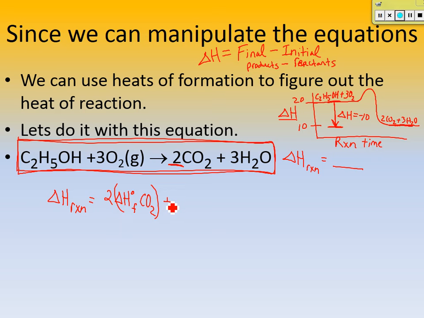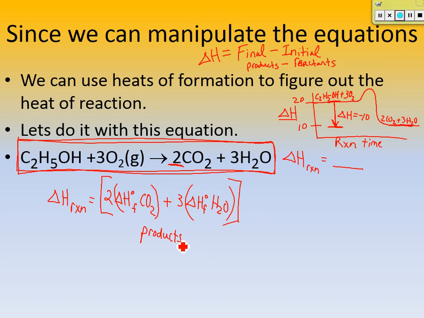Okay, and then I would add, because the standard enthalpy of formation is for 1 mole. This says I end up with 2 moles, so I'm going to times that by 2. We're going to add in the standard enthalpy of formation for H2O. But what would I need to times it by? 3. Okay, if I took that and added them together, wouldn't this be the products?